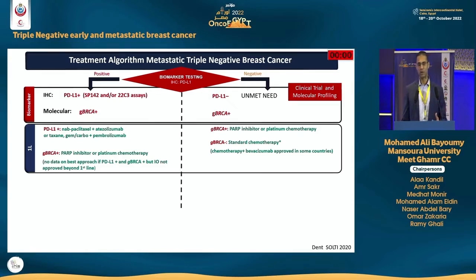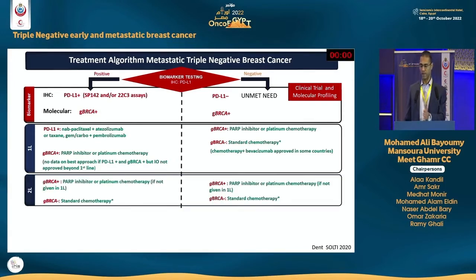And in case of a BRCA germline mutation, you have an option of a PARP inhibitor or platinum chemotherapy. In the other group, on your right side, in case of PD-L1 negative expression and a BRCA germline mutation, you have a PARP inhibitor or platinum, or in case of BRCA wild type, you have standard chemo, and sometimes bevacizumab plus chemo can be approved in some countries. This is about the first line.